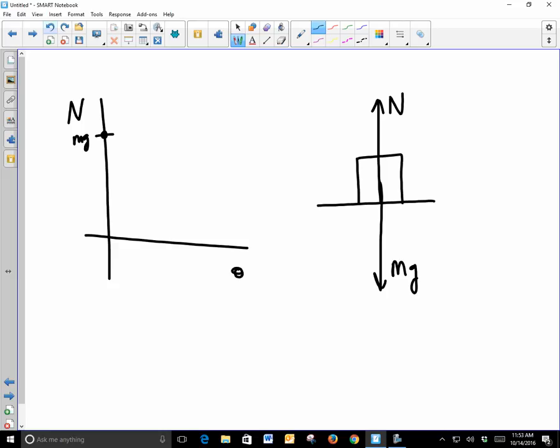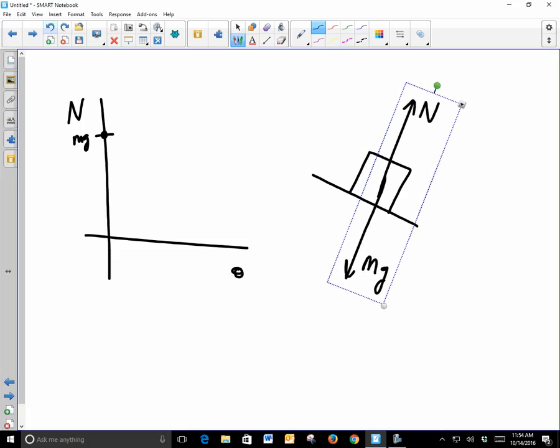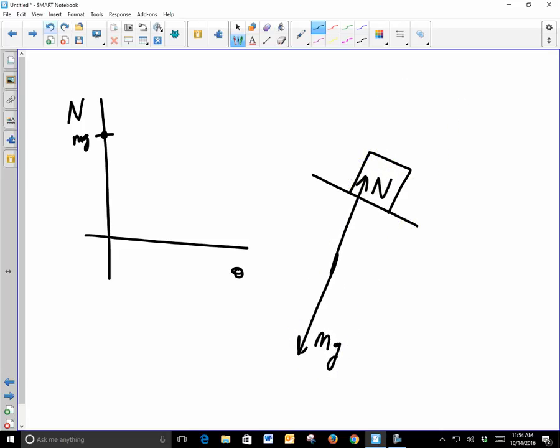And as this angle changes, the direction of the normal force changes, not the same with gravity. Definitely want to separate those two things. Normal force changes its direction.